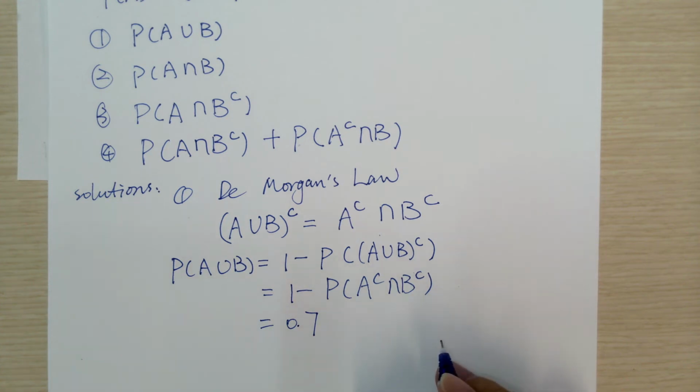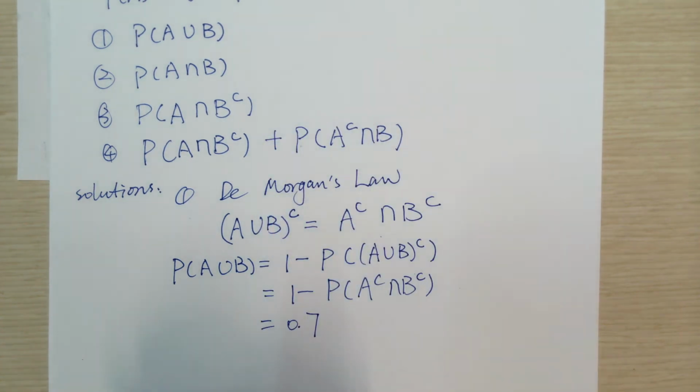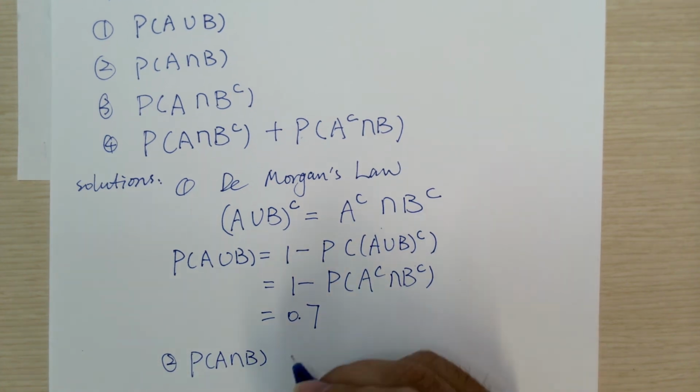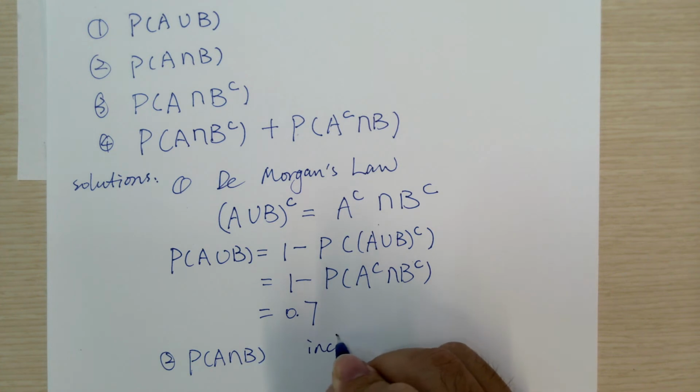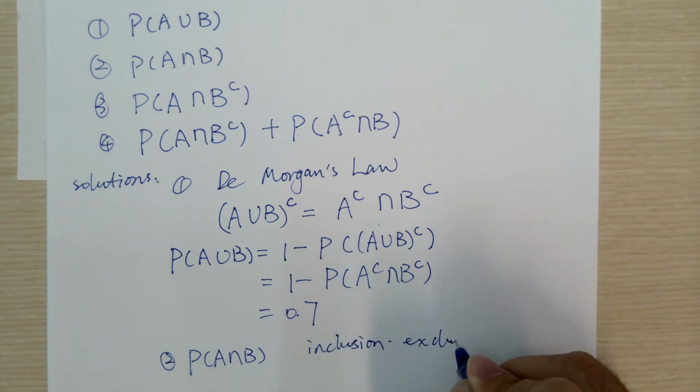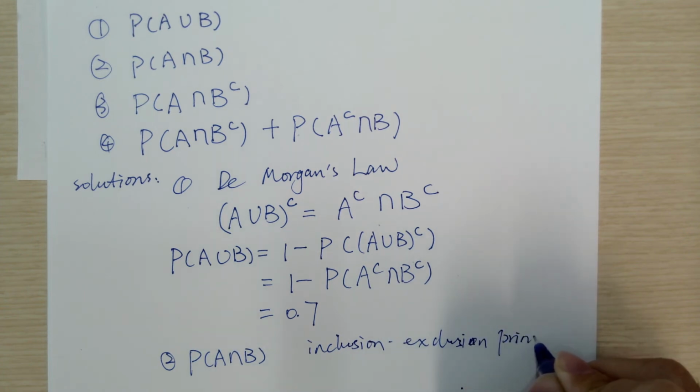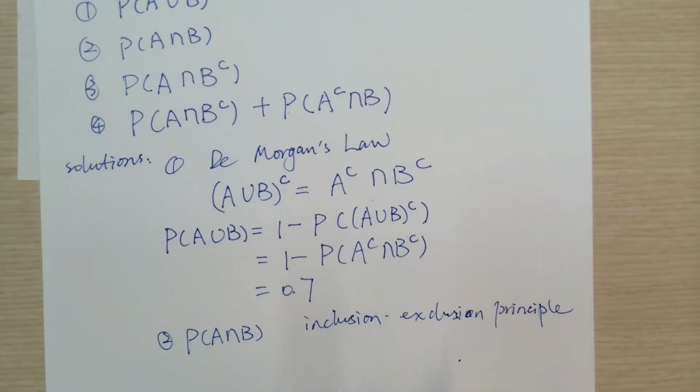Now, once we derive this, part 2, P A intersect B, we can solve it based on the inclusion-exclusion principle, right?